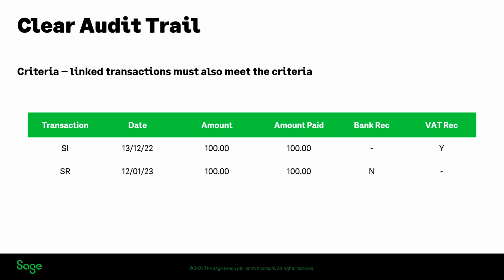So in this instance, if we were to clear the audit trail to the end of December 2022, then the invoice would meet that criteria, but it wouldn't be cleared because the receipt allocated against it doesn't meet that criteria. Therefore, neither transaction would be cleared. So that's something to bear in mind when you've cleared your audit trail and you think, well, why hasn't that one gone?